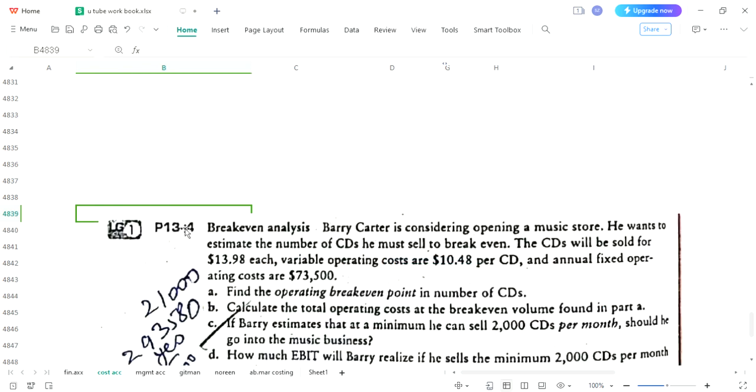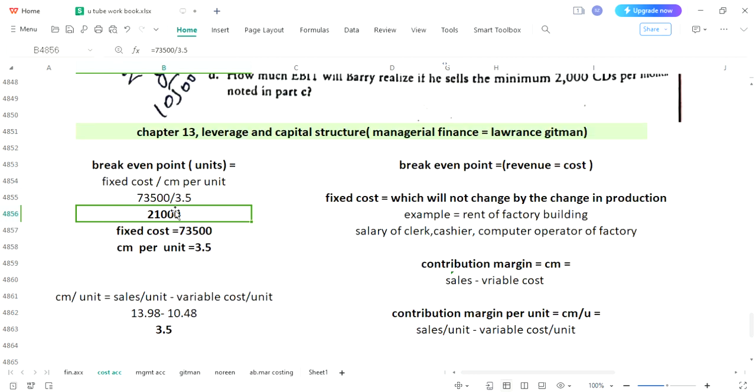By hand it has been written, first answer 21,000 of A, and 21,000 has been calculated over here. It means our first part has been completed. Let's mark it as completed. Okay, so A answer is completed. Now we will look at B point.